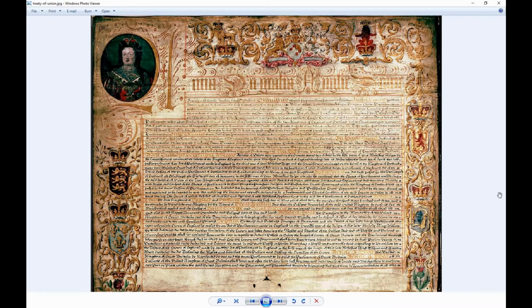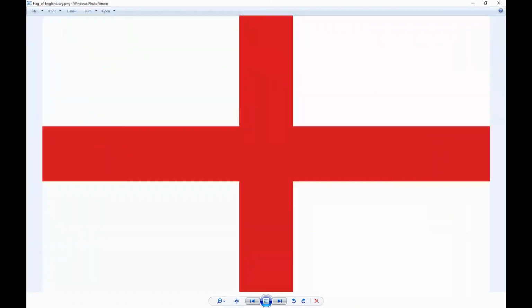The 3 constituent countries of Great Britain all have patron saints, and let's start with St. George. He's the patron saint of England, and he's represented in their flag. So this is the flag of England. You may be expecting the Union Jack, but we'll get to that in a second. This is England, not the UK.